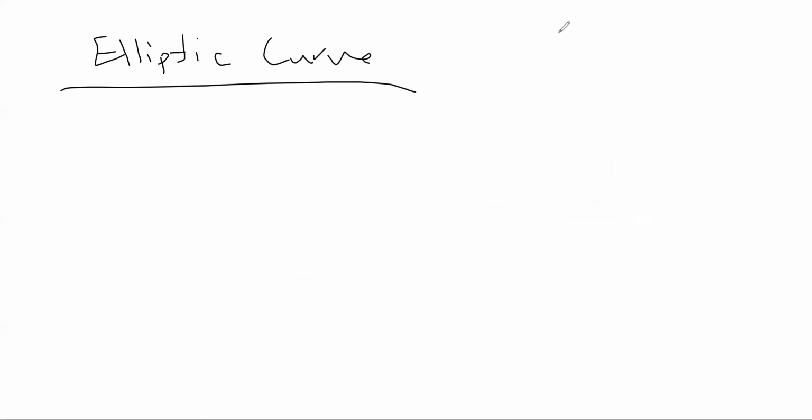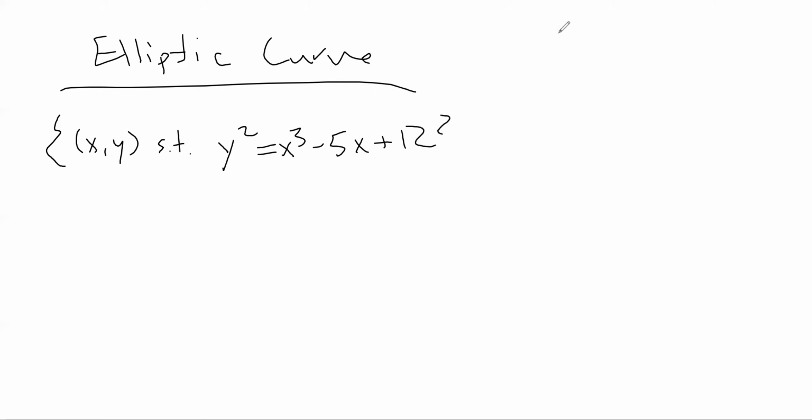It's a set of points x, y that satisfy, in our particular case, the specific example y squared equals x cubed minus 5x plus 12. This set of points in conjunction with that extra identity element, the point at infinity, is a mathematical group and gives us all the good things we need for cryptography.